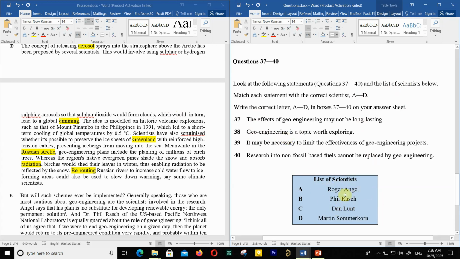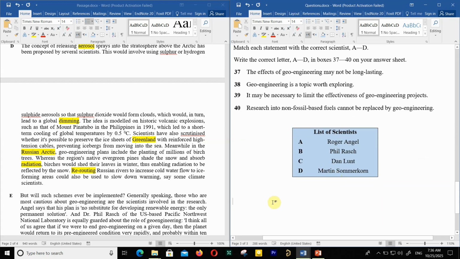First you look for these names, and then you look for something like, for example, Roger Angel says, or maybe he argues something, or, according to what Angel says, something like this. Or you can look for inverted commas for what they say. These are the things that you have to look for. But first, let's just find where these names are. And these names are in capital letters.